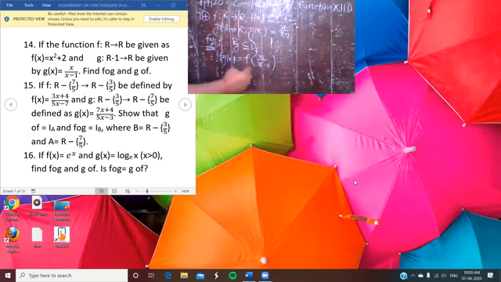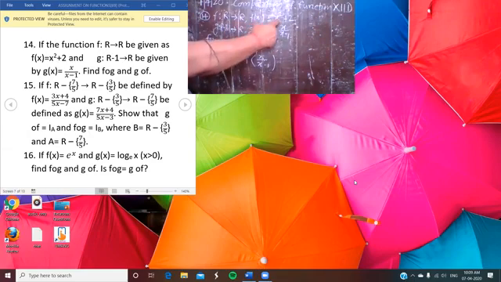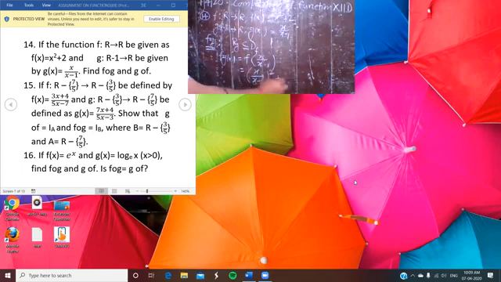Now you find the value of this complete function, and here the function is defined as f(x) is equal to x square plus 2. So you put it there. This can be written as (x upon x minus 1) whole square plus 2, and simplifying the terms. Taking the LCM, you have (x minus 1) whole square, and here you have x square plus 2 times (x minus 1) whole square, which is x square minus 2x plus 1.